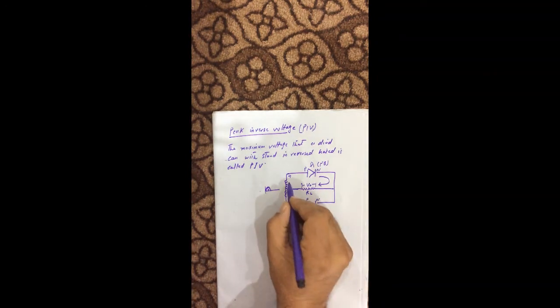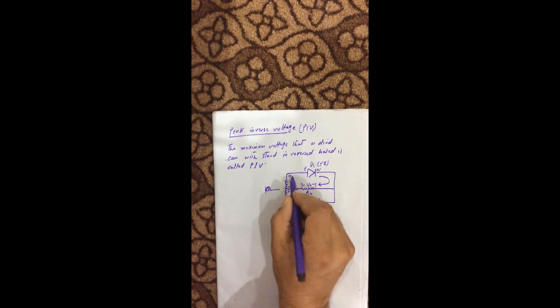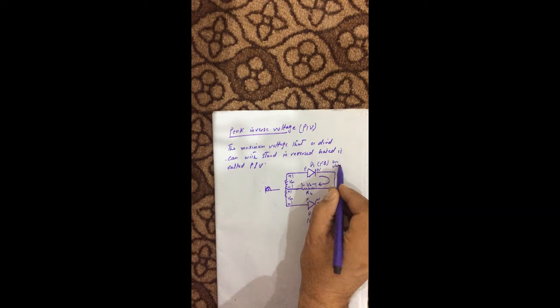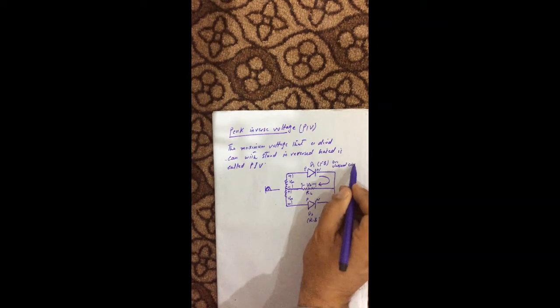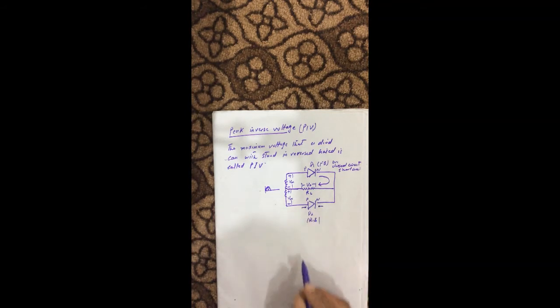Here we have maximum voltage at these two points. D1 is on, so it's a closed circuit, or a short circuit, and I can represent this by this line. D2 is open, so there is no connection between these two points. So the final diagram of this circuit is this one.